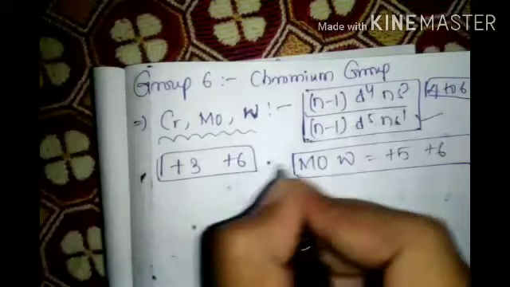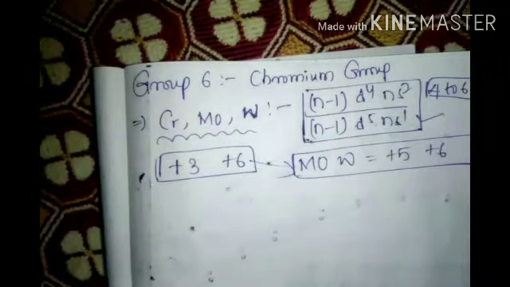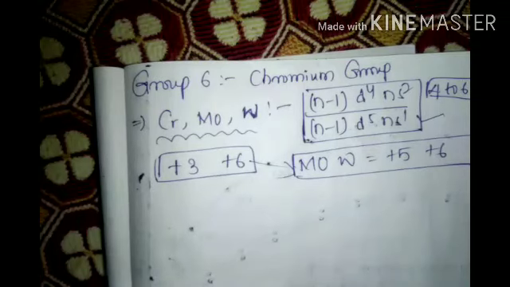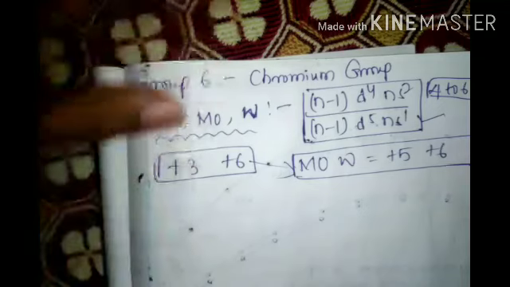We face some problems with stable compounds because they behave in an irregular manner. They are all hard, silvery white metals with high melting and boiling points.